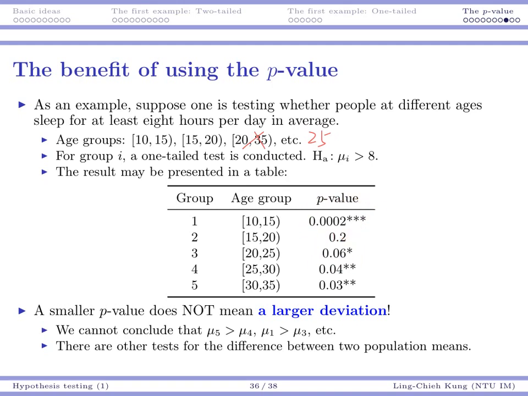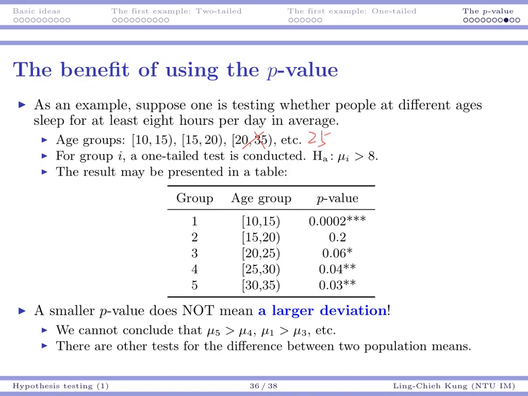This I have 1 star, this I have 2 stars, saying that, okay, group 1, 3, 4, and 5, if we are using 10% as the significance level, then they sleep significantly more than 8 hours. If we change the significance level to be 5%, then it's only group 1, 4, and 5, and so on and so on.